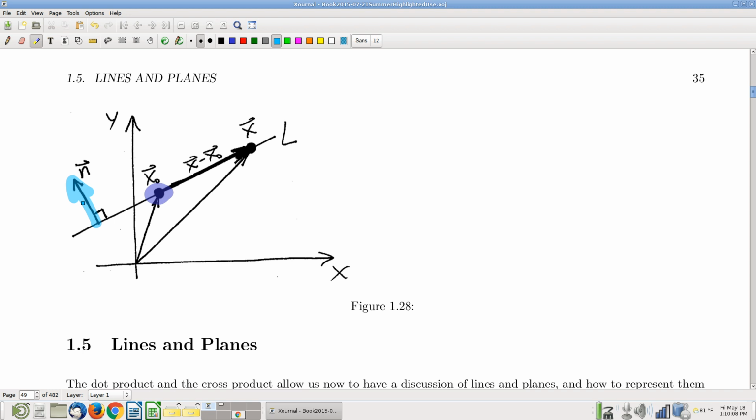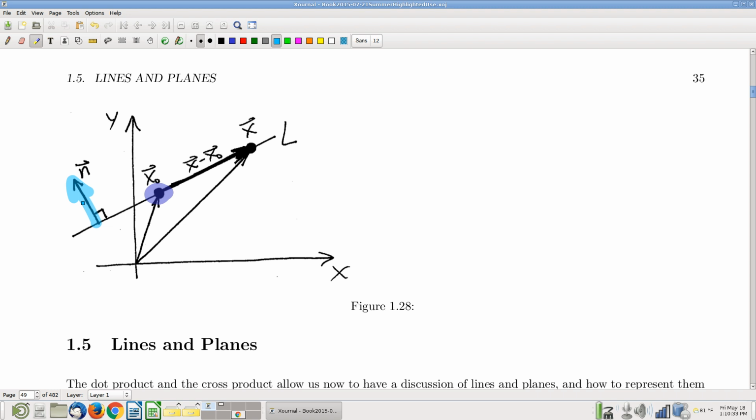In this context, normal means perpendicular. That's kind of weird, but anyway, notice this is a vector that's perpendicular to the line in question. Now, I claim that if I'm told the line goes through this point and is perpendicular to that vector, that characterizes the line, right? There's only one line that could possibly be perpendicular to that vector and go through that point.